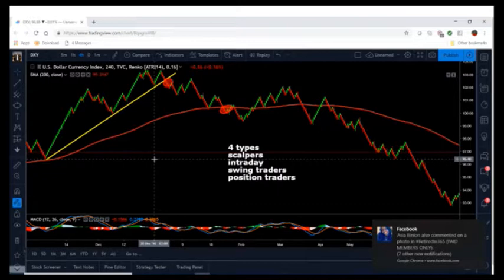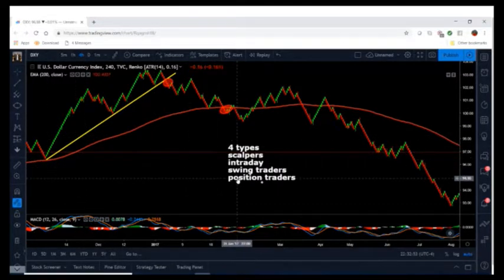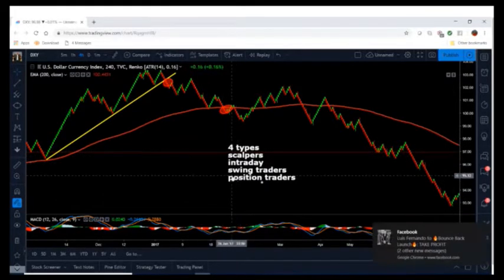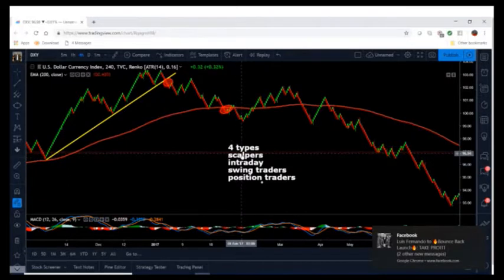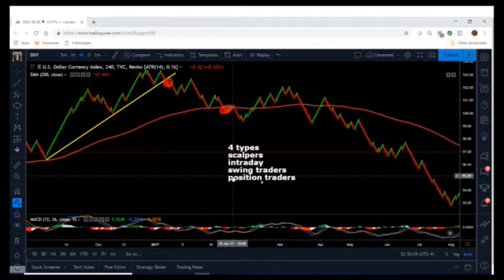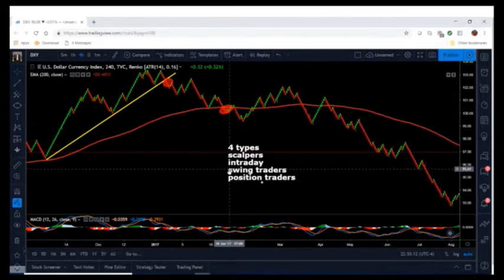So depending on the type of personality you are will determine what type of trader and how successful you will be. A scalper can never survive as a swing trader or position trader, and vice versa. Like me, I'm a position trader. I'm a swing position. This is where I fall.